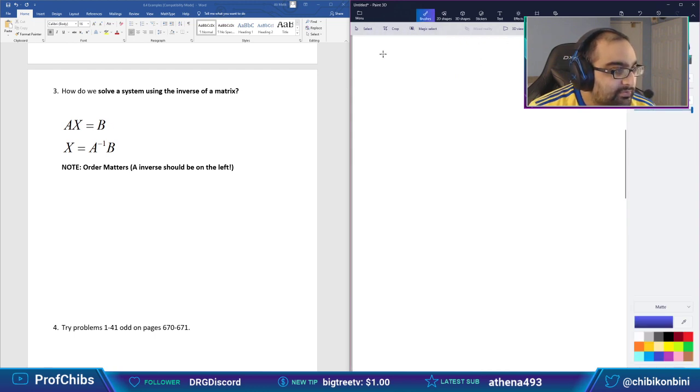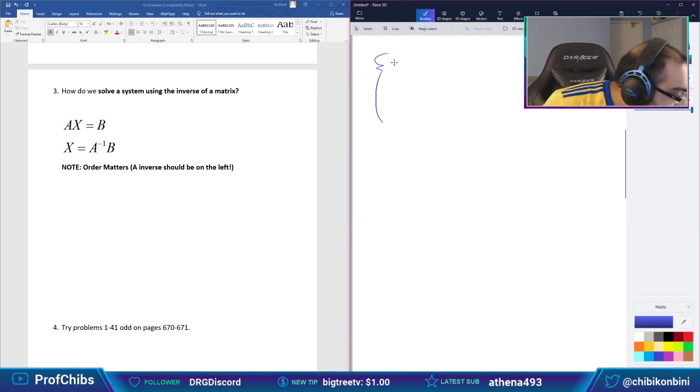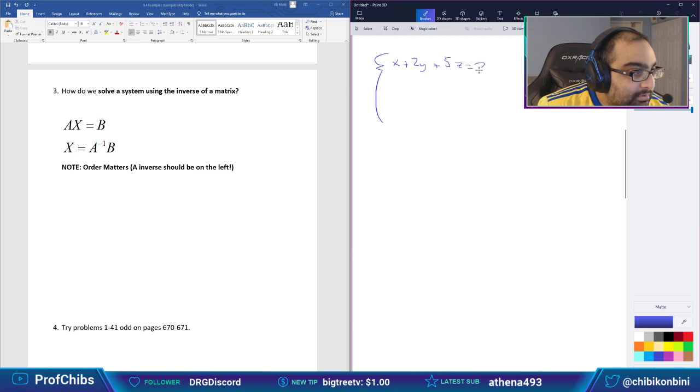So we'll start off with the system of equations. x plus 2y plus 5z equals 2, and x plus 3y plus 8z equals 3, and then minus x plus y plus 2z equals 3.